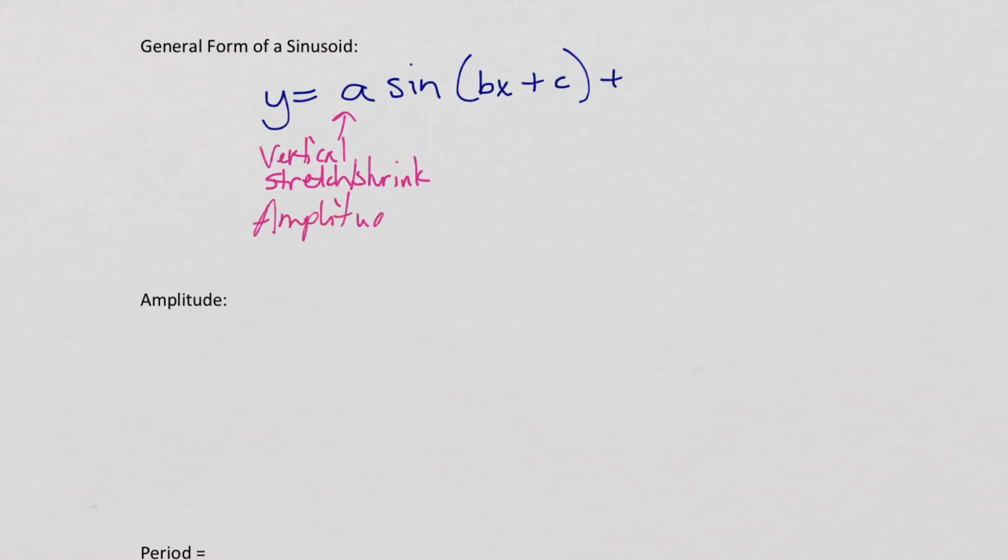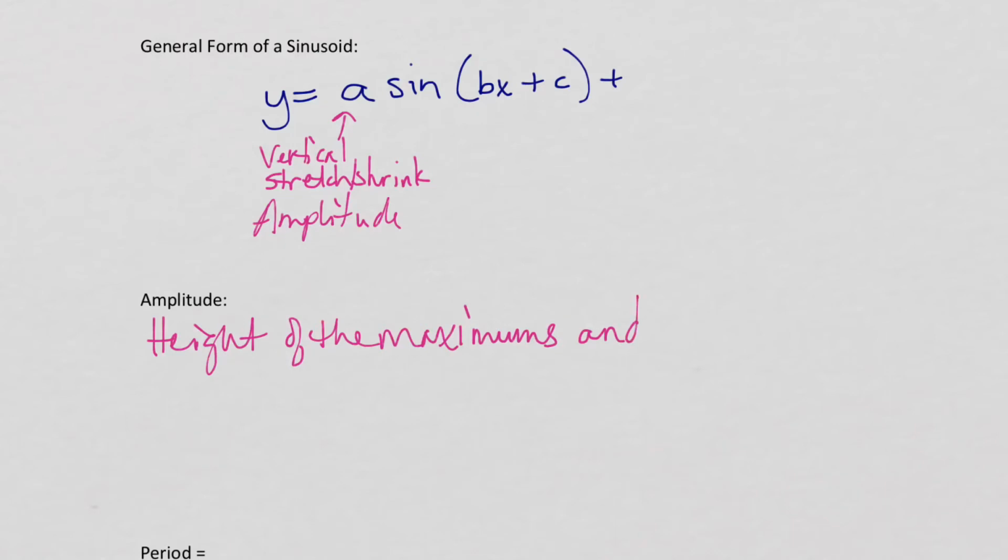And you'll notice right under this we have amplitude, and that is the height of the max and minimums from the x-axis. So how tall are the peaks and valleys on my sine and cosine graphs?